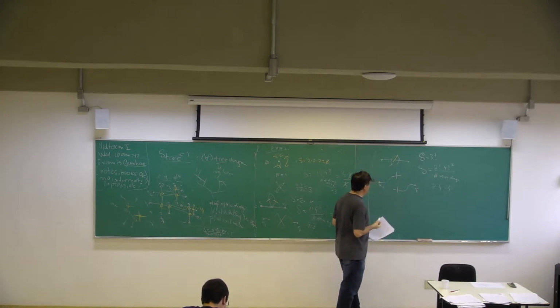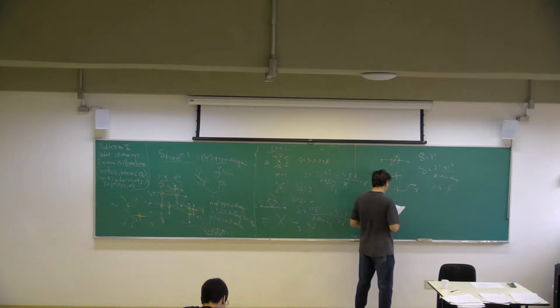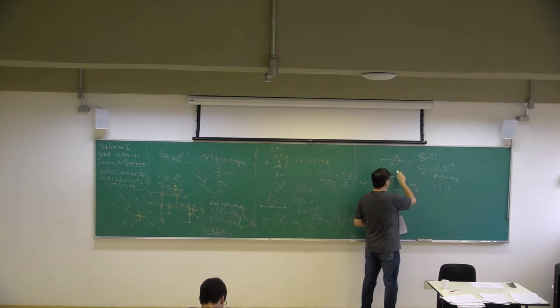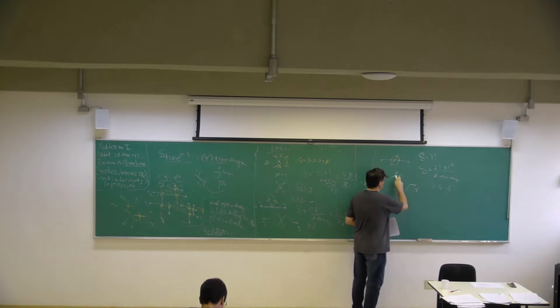So the first one amounts to, I have to choose one of these 3 lines to connect them with one of the others, right? So I get a factor of 3. Then I can pick another one of these 2 lines to connect with another.